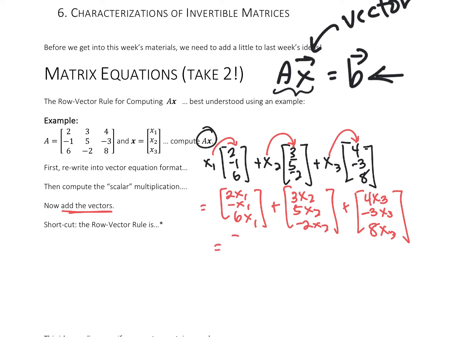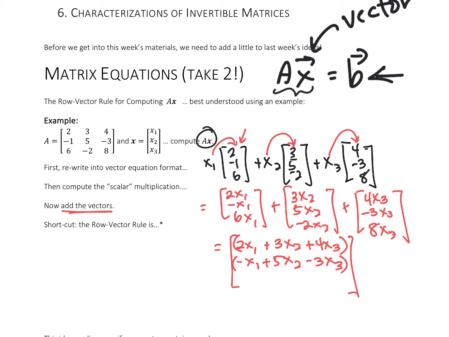So what I get is 2x1 plus 3x2 plus 4x3. Now, it looks like there's a lot going on there, but this is a single entry in this vector. Then we've got -x1 plus 5x2 minus 3x3. Again, this is a single entry, so this is still a vector that's going to have 3 entries in it.